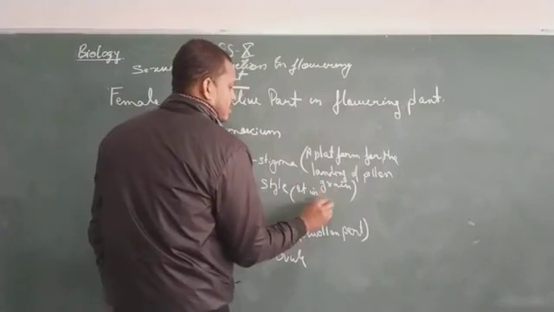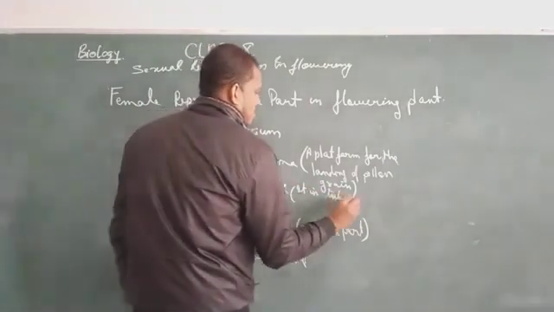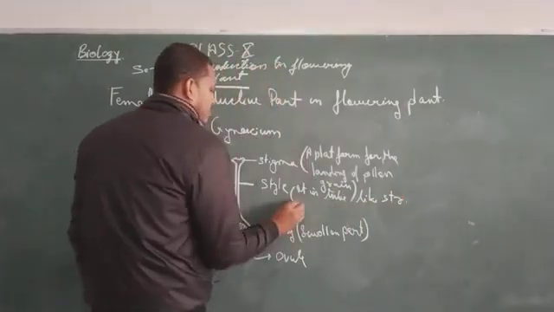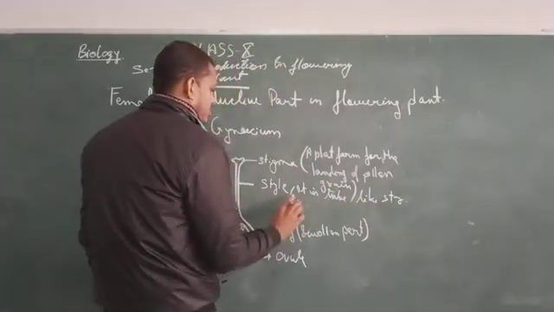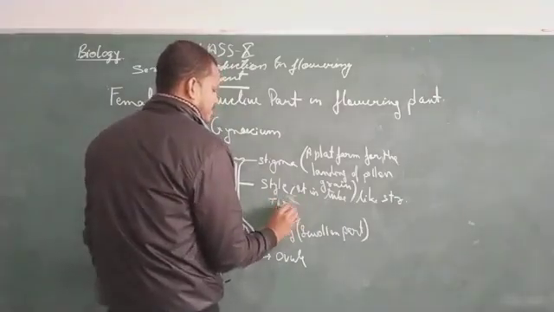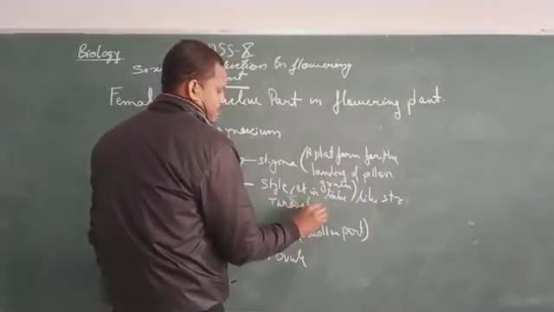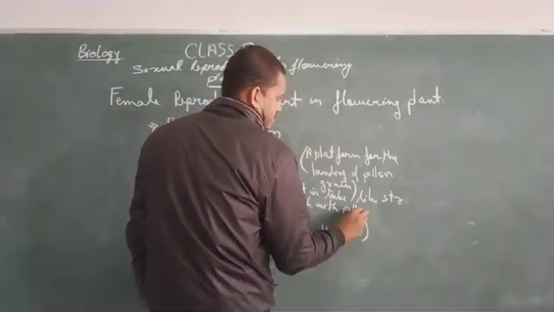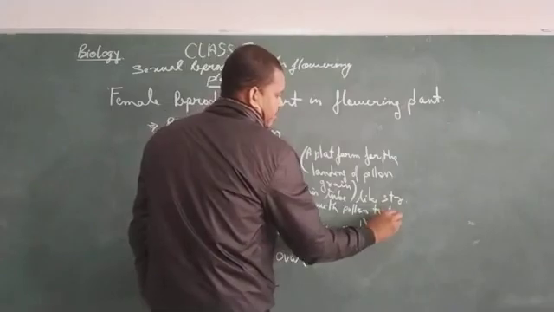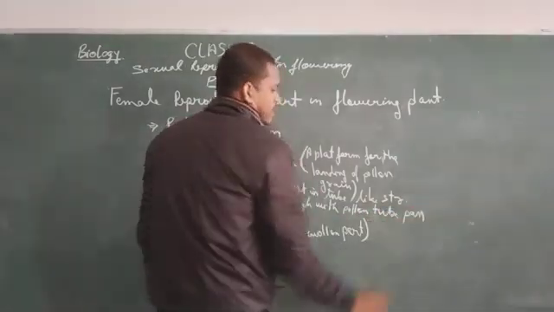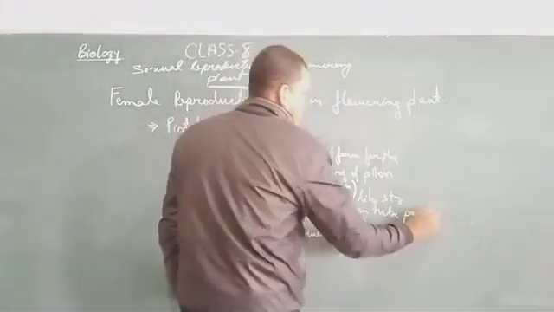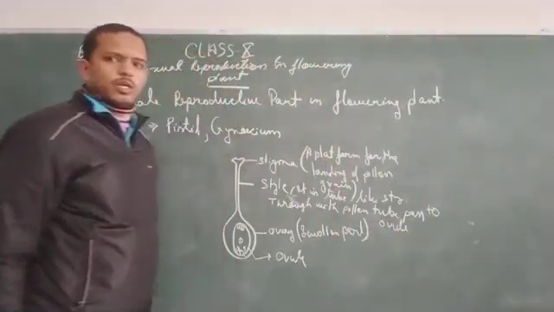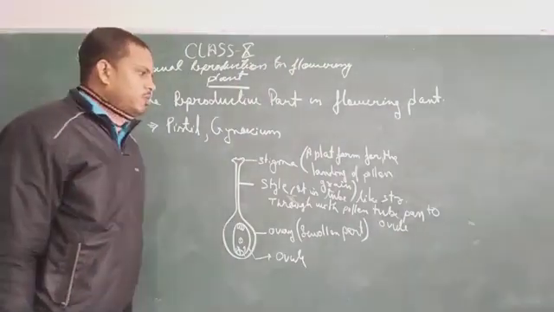It is a tube-like structure through which the pollen tube passes to the ovule.